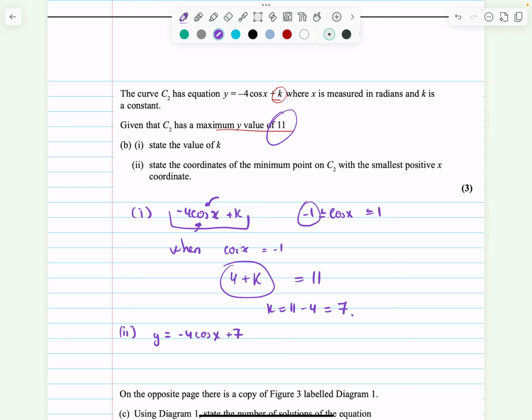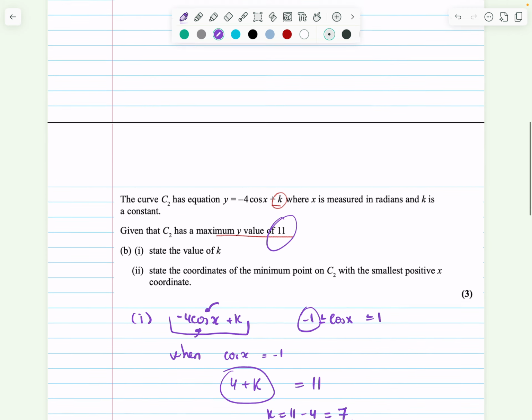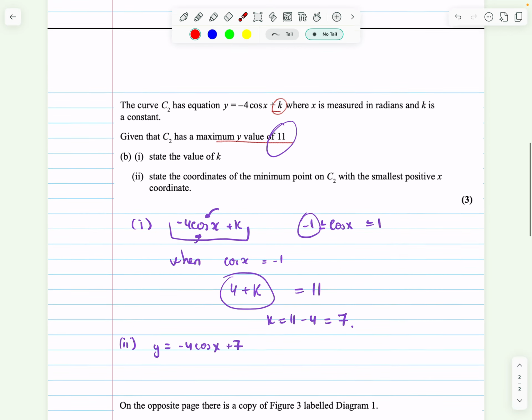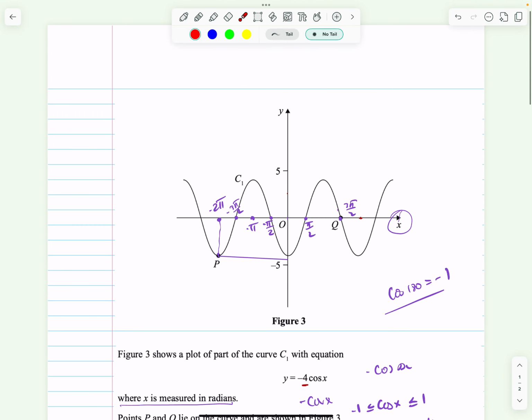Okay, we can write it. We found the equation. Okay, state the coordinates of the minimum point on C2, which is this one, with the smallest positive x coordinate. Smallest positive x coordinate. I'm going to go back to the function. Okay, so guys, we're talking about the minimum. Am I right? Minimum point. Okay, so positive one, we only need to focus over here.